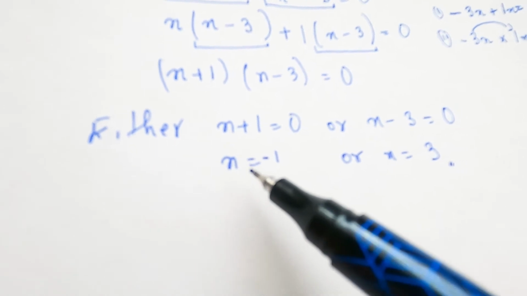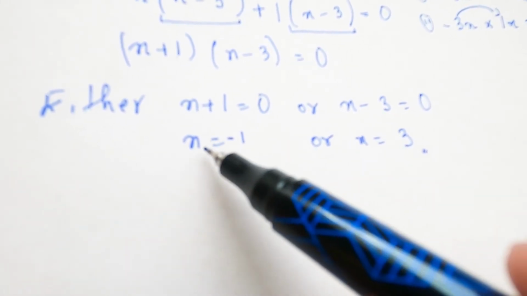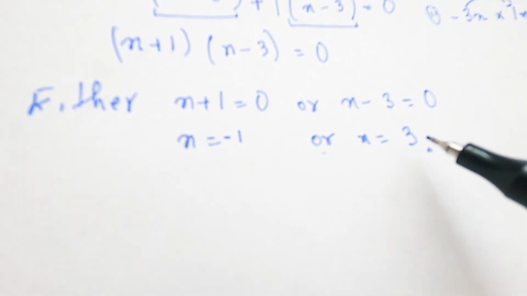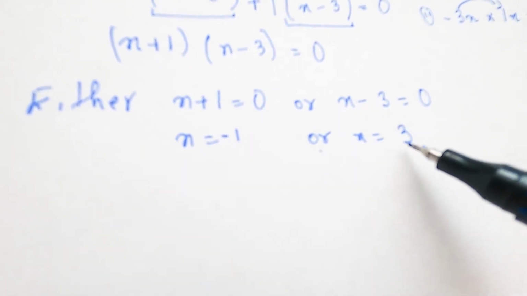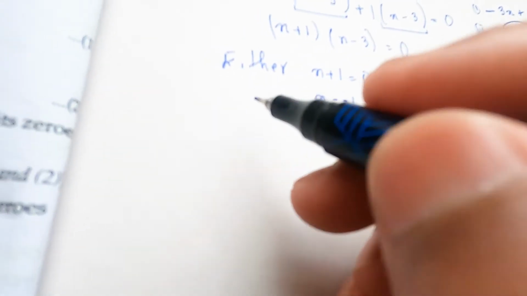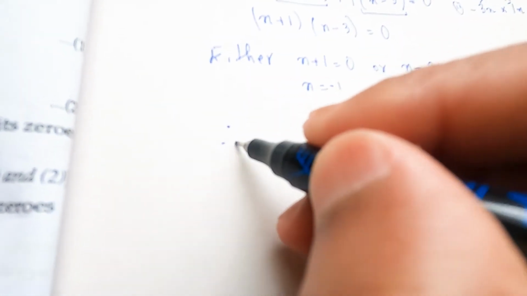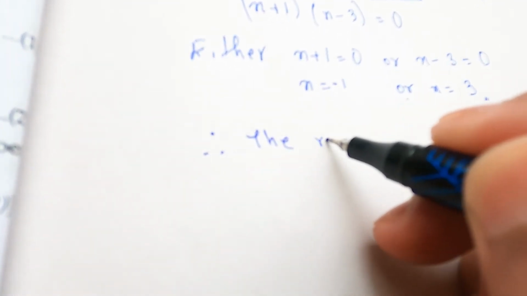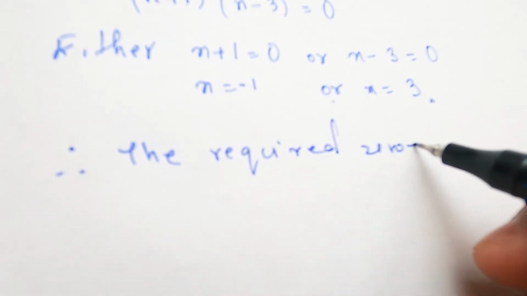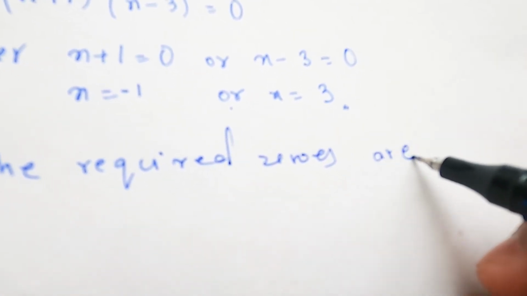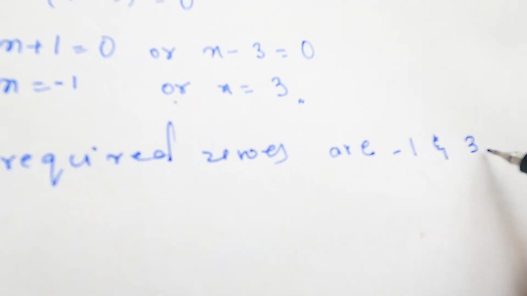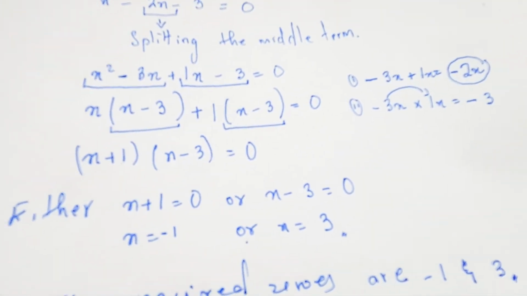So in this case, the value of x will be x is equal to minus 1 or x is equal to 3. Hence, minus 1 and 3 are the zeros of this polynomial. So therefore, you can write over here the required zeros are -1 and 3. So this will be your answer.